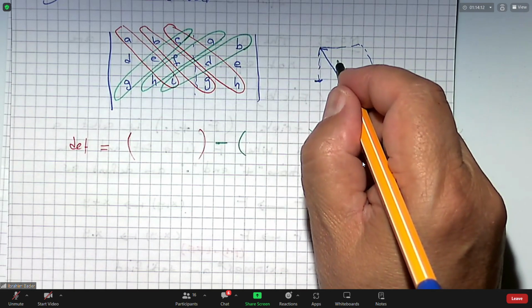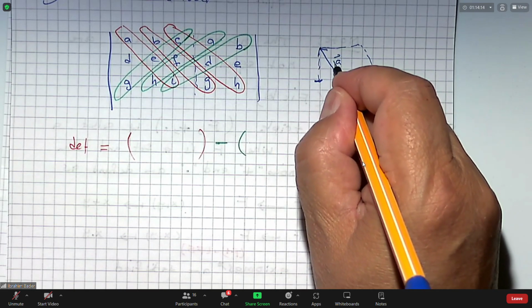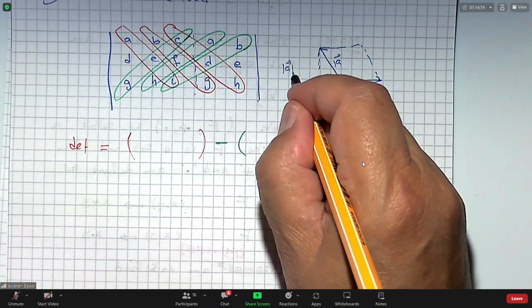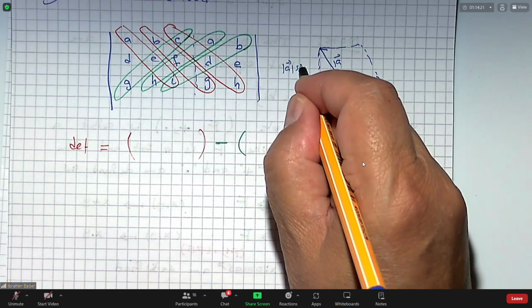Then the magnitude of this is A, for instance, and this is the magnitude of A sine theta.